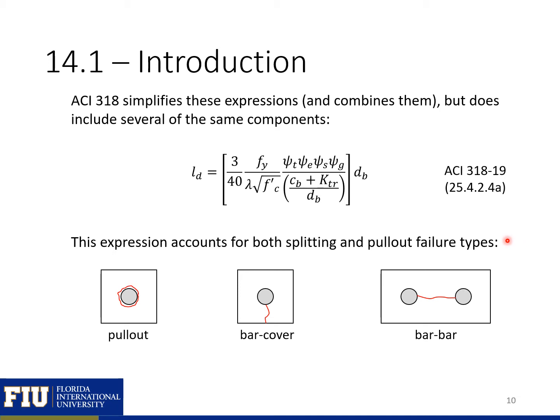But this expression accounts for both splitting and pull-out failure types. So a pull-out failure, the shearing around the bar and just pull out of the bar, and a splitting failure either to the bar to the cover or between bar and bar.